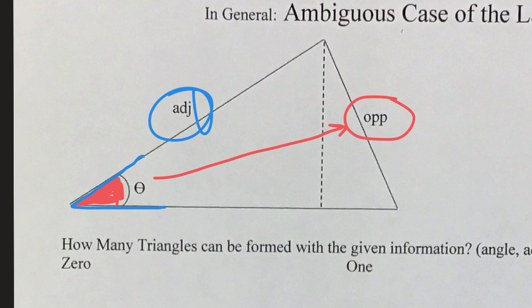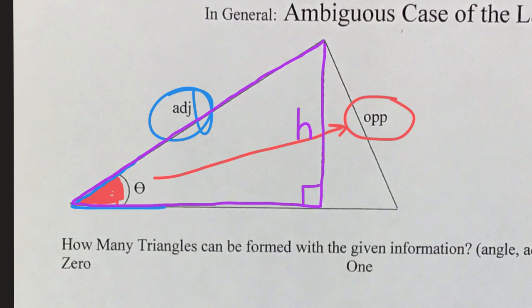So the key to figuring out how many triangles you can make comes from calculating the height of your triangle. The height is always perpendicular to the base. So we're going to look at this triangle that I am highlighting in purple. This is a right triangle, so normal trig is applicable.